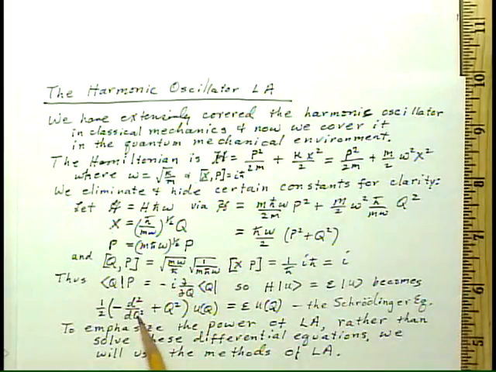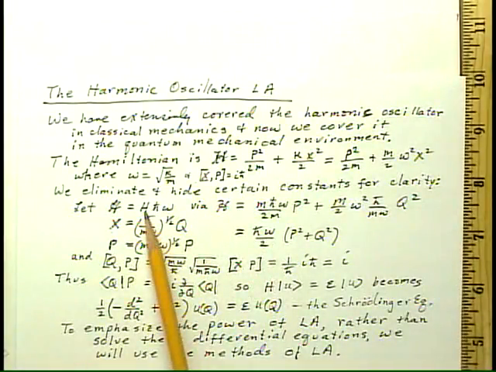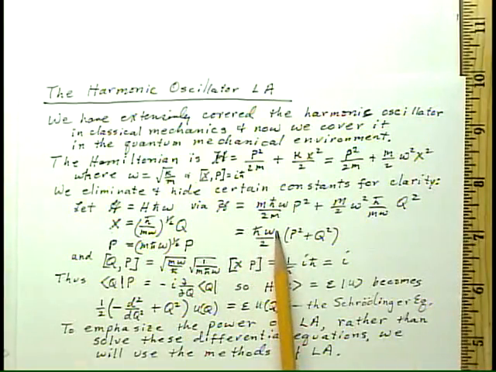Second partial with respect to Q squared. Remember, the Hamiltonian has a factor of 1/2. We're looking at capital H without the script, so we do not have the ħω. And this equation right here will then give us where Q is projected onto U, which gives us U of Q. This equation is the Schrödinger equation.